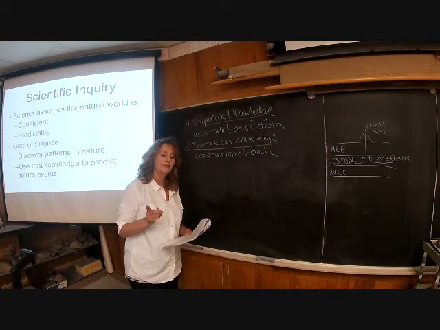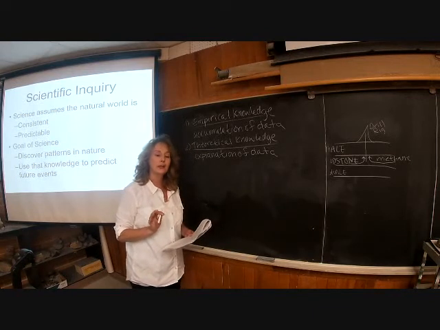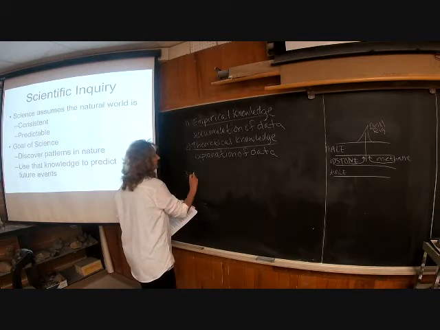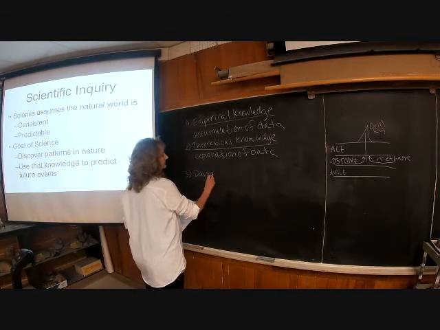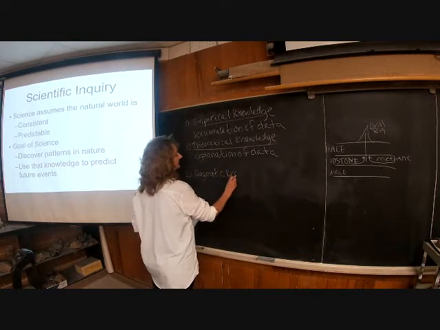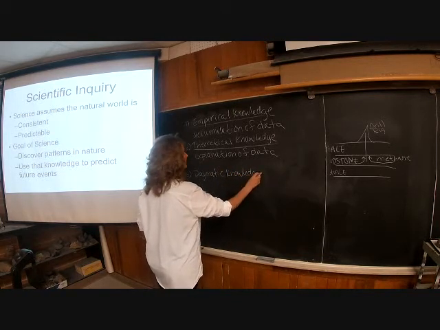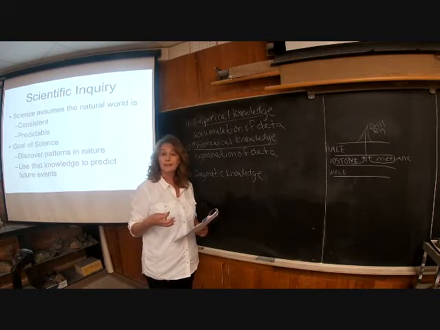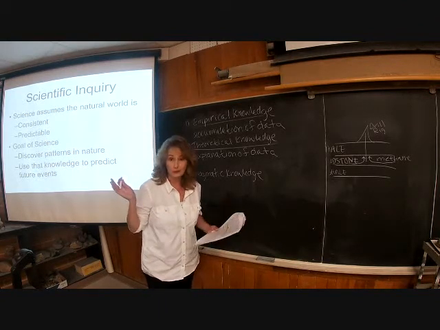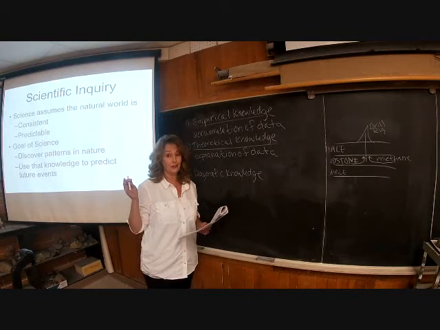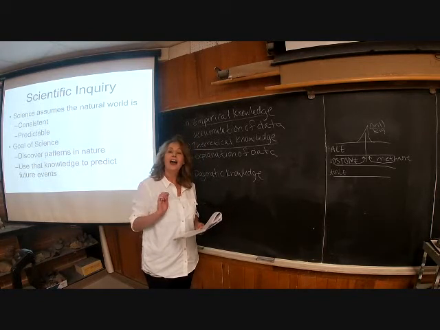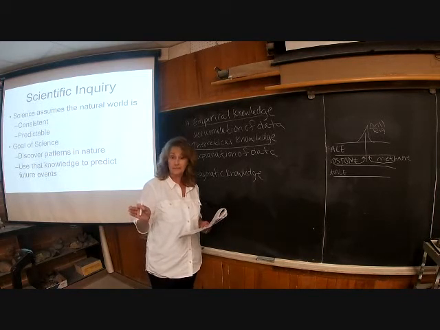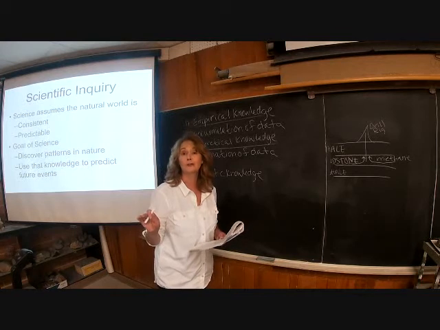There is a third type, and I'll go back to these two here in a second. There is a third type that we call dogmatic knowledge. The third one here. Dogmatic knowledge or dogma is where an authority figure of some sort, whoever makes them the authoritarian, has a certain set of beliefs and they say this is how it is and it's incontrovertible.